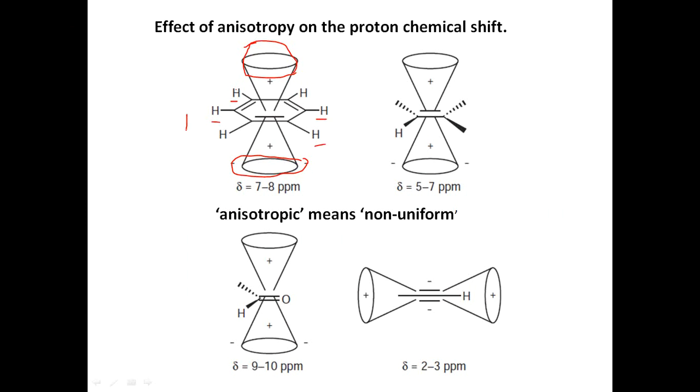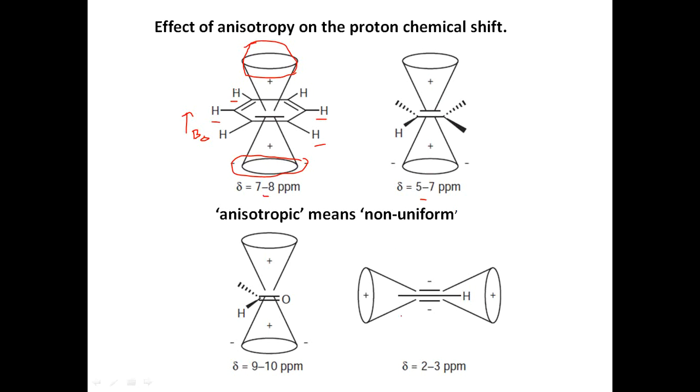So these protons have a direct influence from the external magnetic field. They show a high frequency, that is, the chemical shift value is very high for these protons. The same is the case with an alkene group. The pi electron cloud is not shielding the proton, it is de-shielded, so it resonates at a higher frequency.